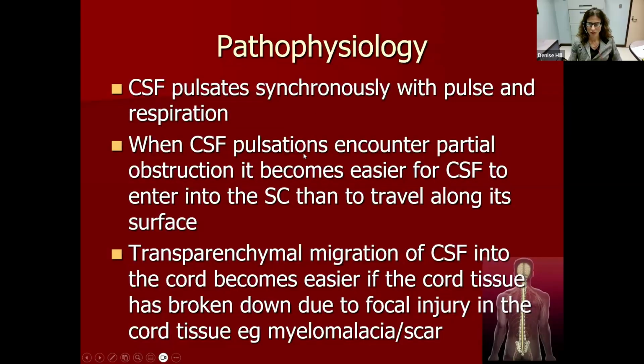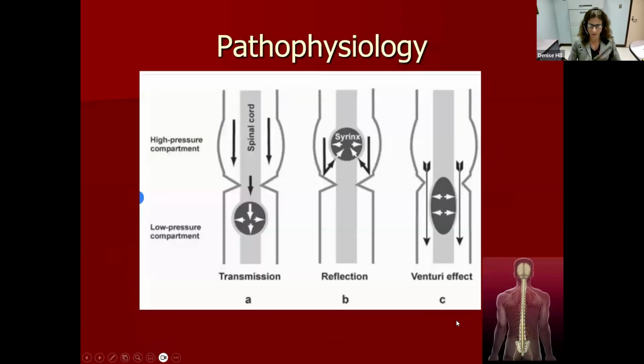So when the pulsations encounter the partial obstruction, usually believed to be from the scarring around the spinal cord injury, it becomes easier for that CSF to enter into the spinal cord than to travel along its surface and stay on the outside of it. So you get this transparenchymal migration of CSF into the cord because there's been focal injury in the cord tissue, myelomalacia and scar.